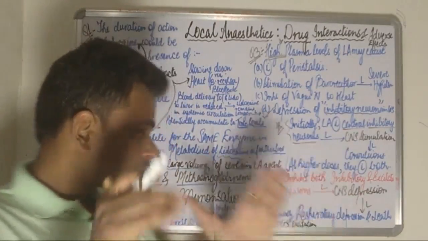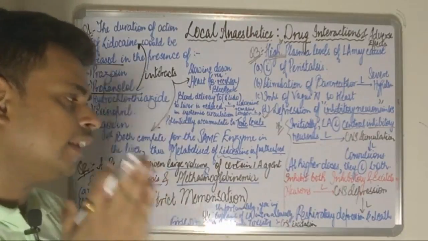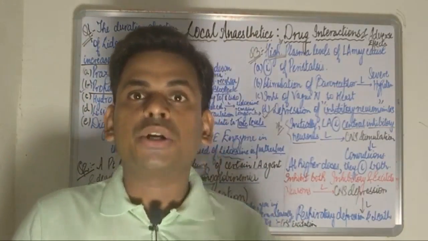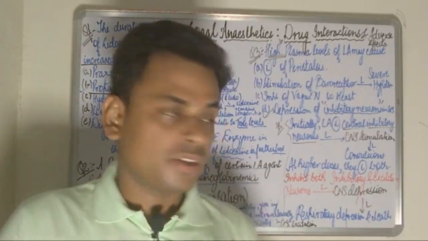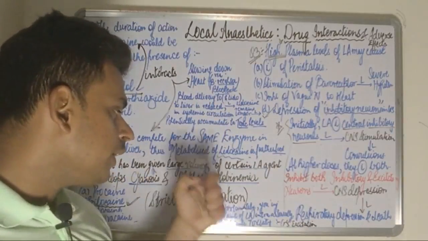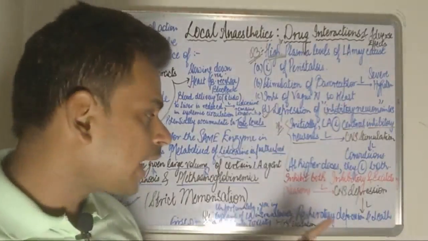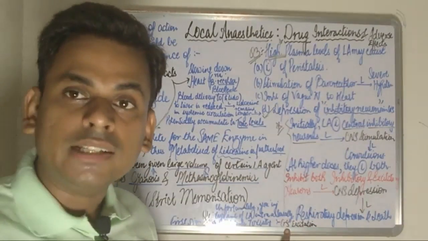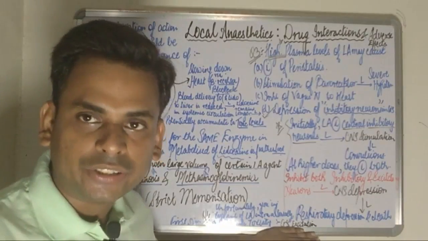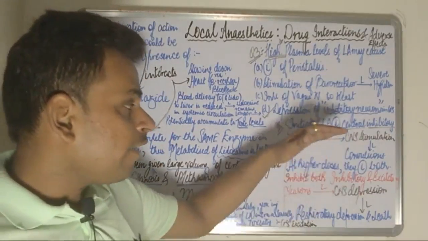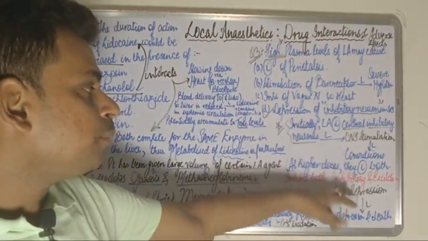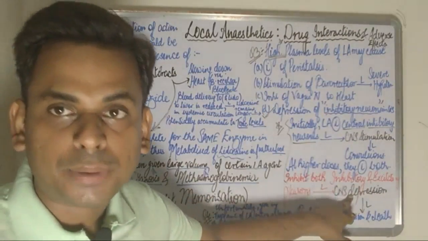So students, if a large amount of local anesthetic is injected, the first sign mostly seen is CNS excitation. And at higher doses, the sign eventually manifested is CNS depression.